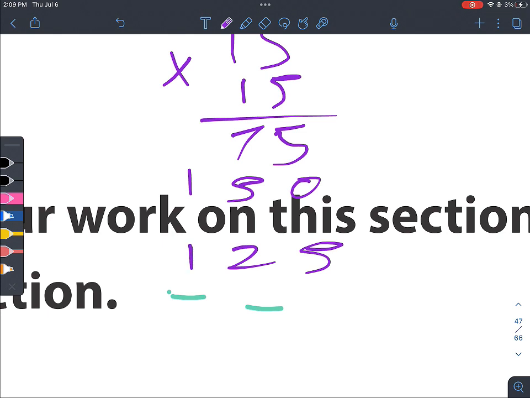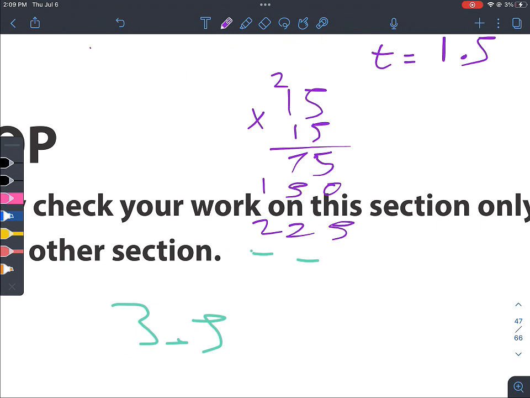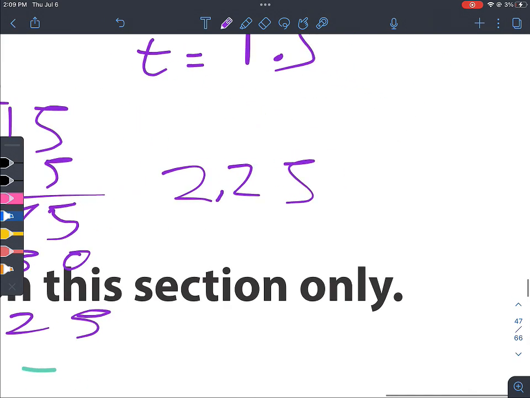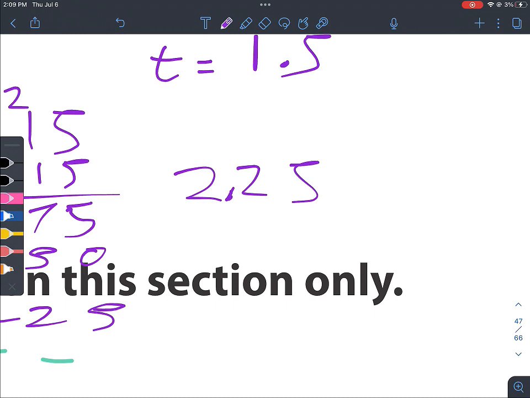Yeah, that should be the answer, right? 15 times 15, yeah, 225. Need to remember my exponents. So 225, you put the stuff there, and then 1.5 squared is 2.25. Let's go. We now have to square decimals.